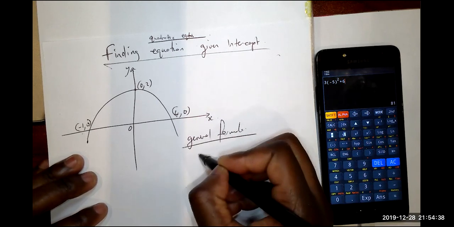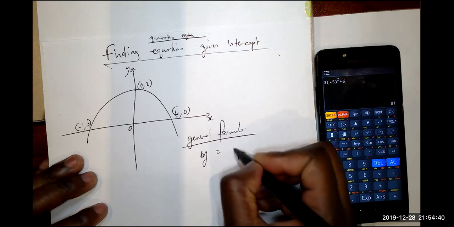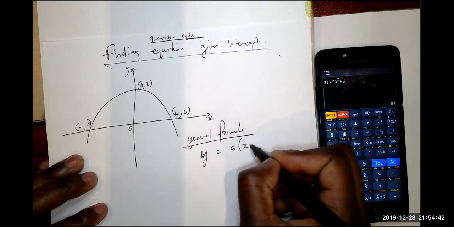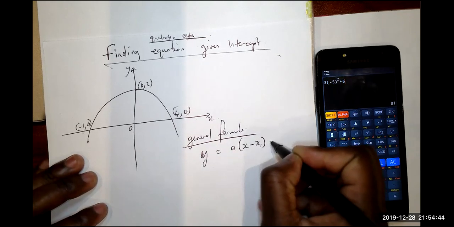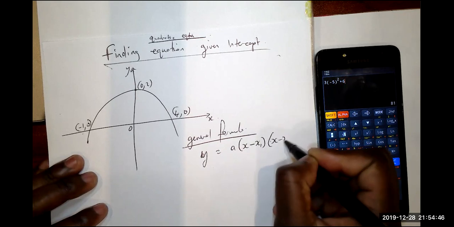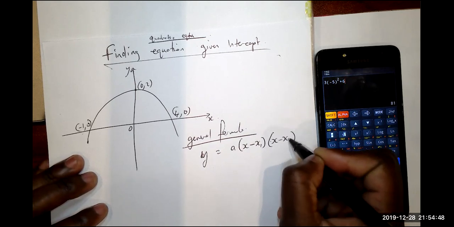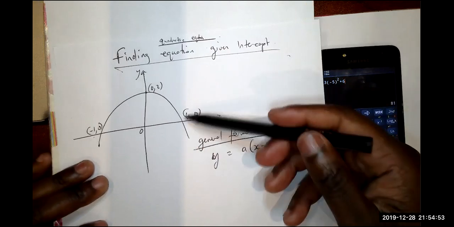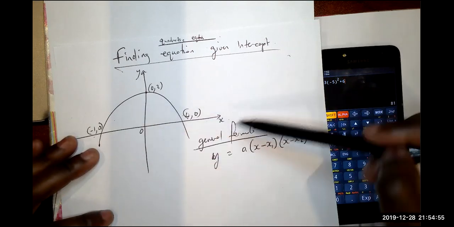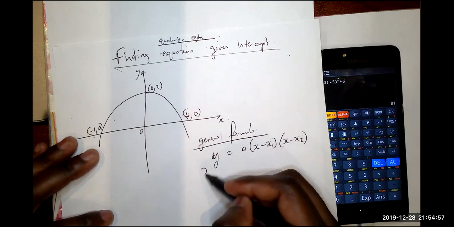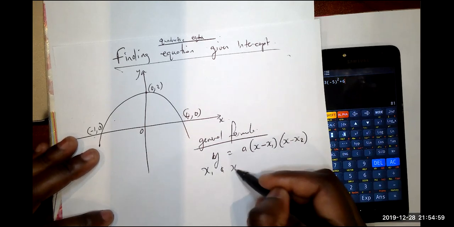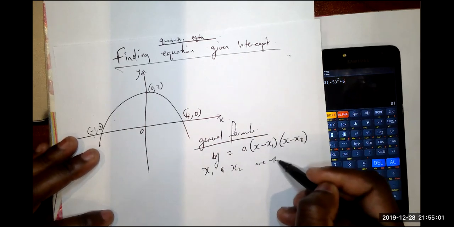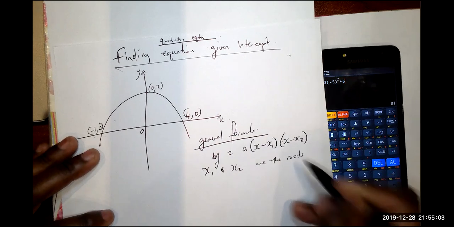Which is y equals a(x minus x1)(x minus x2). That's it. So your x1 and x2 are your roots.